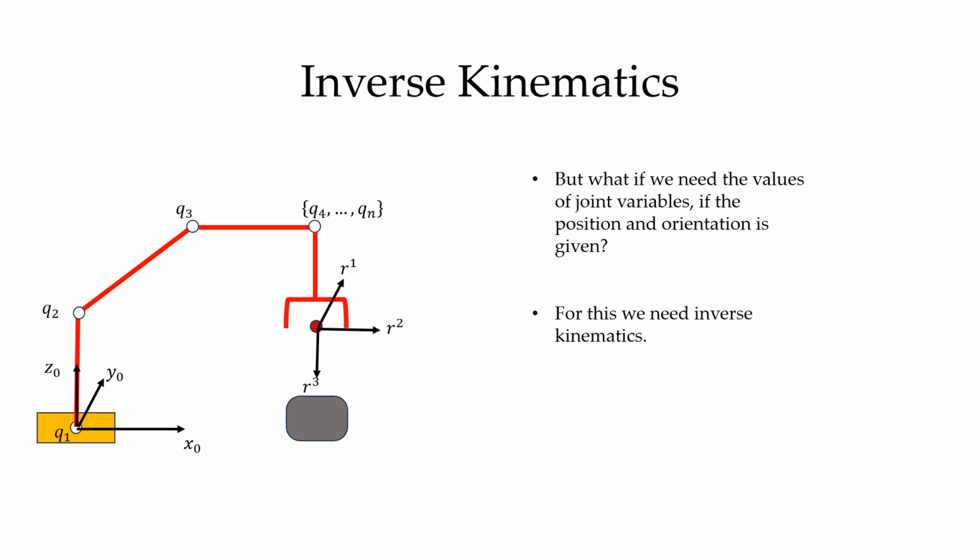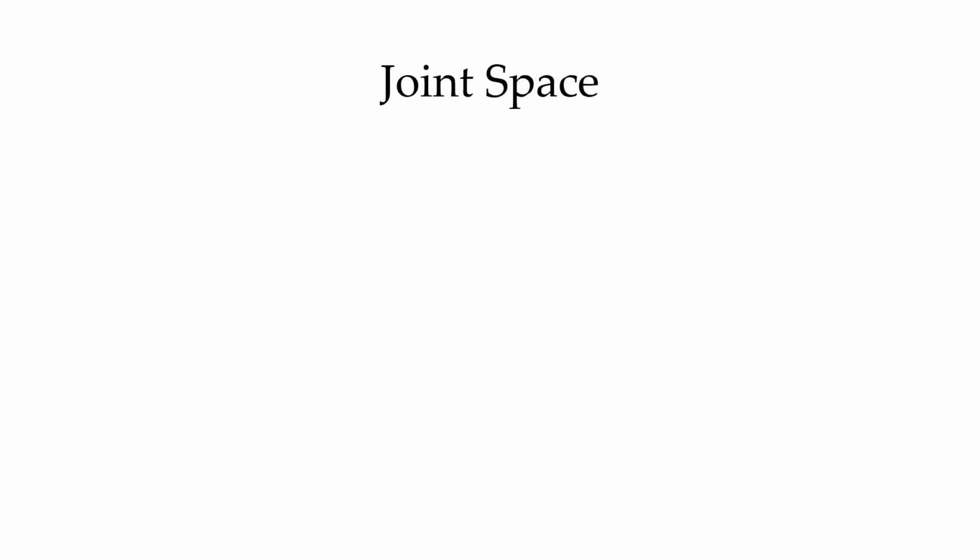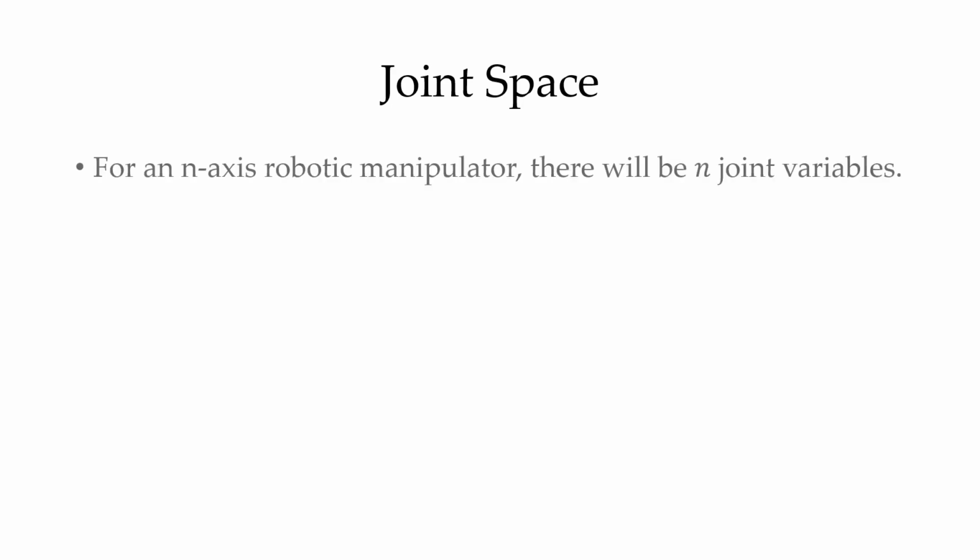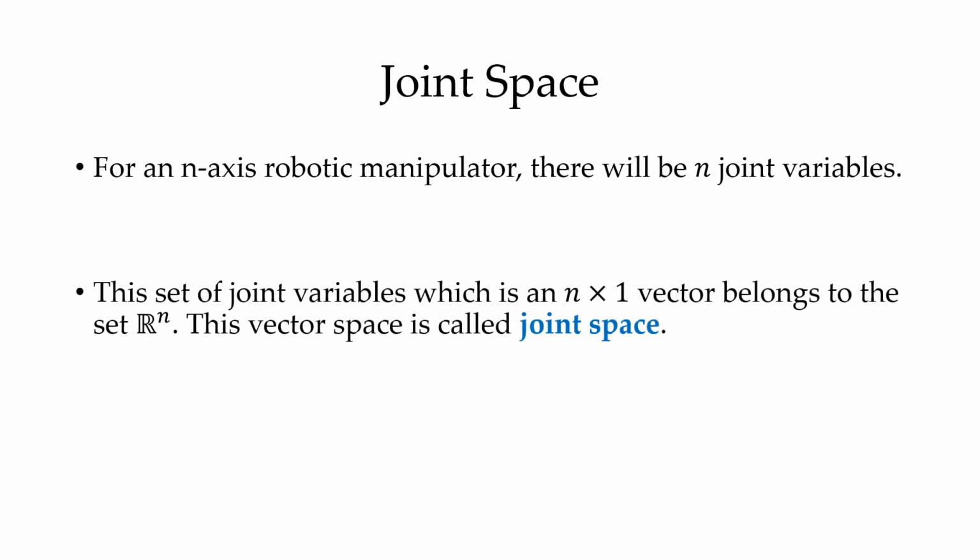So before moving into inverse kinematics, first we will discuss what joint space and task space are. For an n-axis robotic manipulator, we all know that there will be n joint variables. This set of joint variables, which is basically an n by 1 vector, belongs to the set Rn, and this vector space is called joint space.